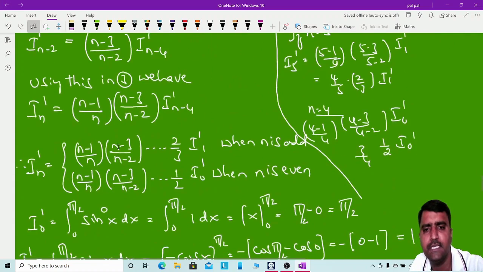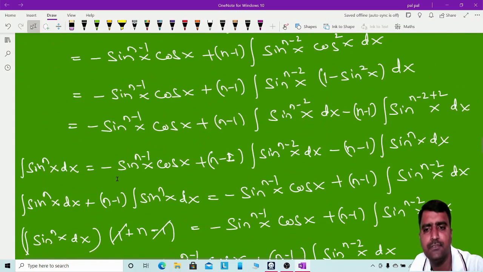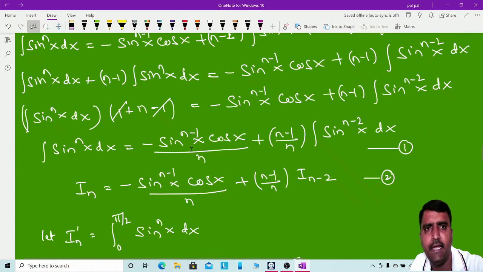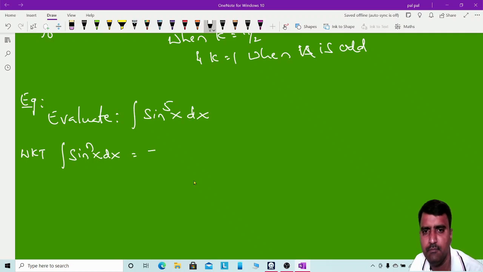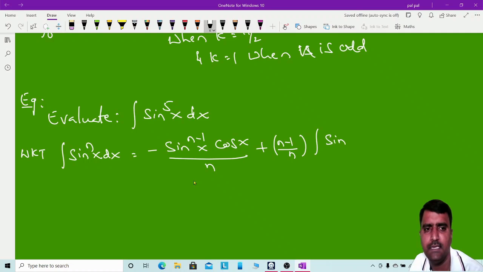So integration of sine to the power n x dx is equal to minus sine to the power n minus 1 x cos x by n plus n minus 1 by n into integration of sine to the power n minus 2 x dx.